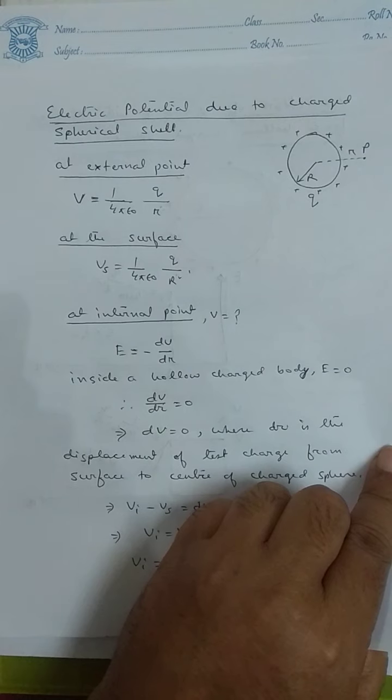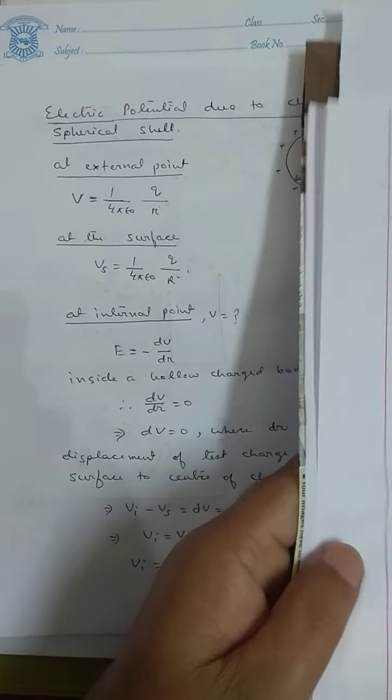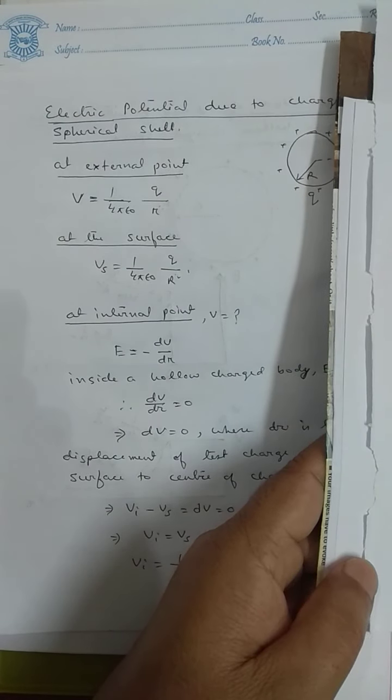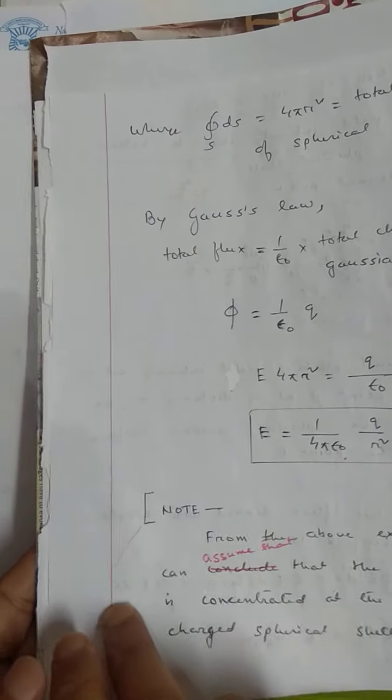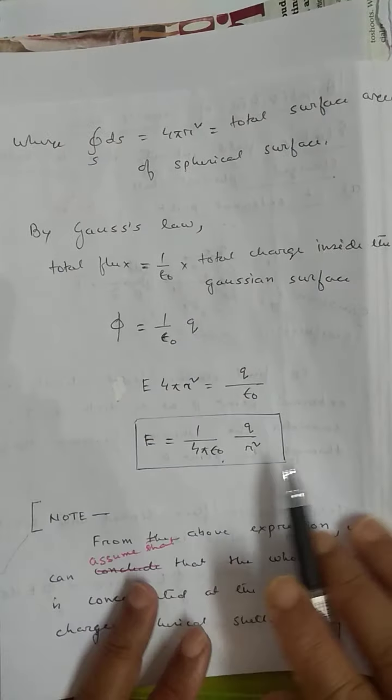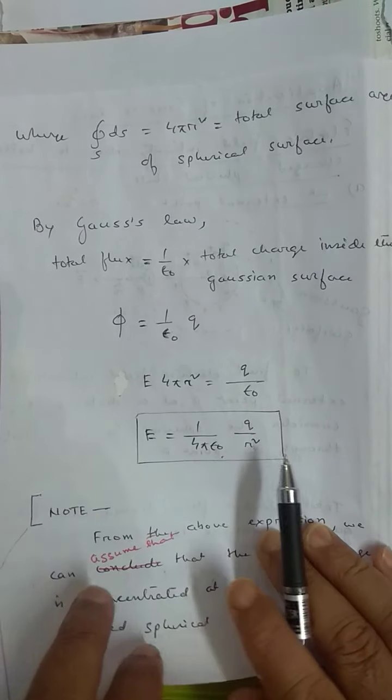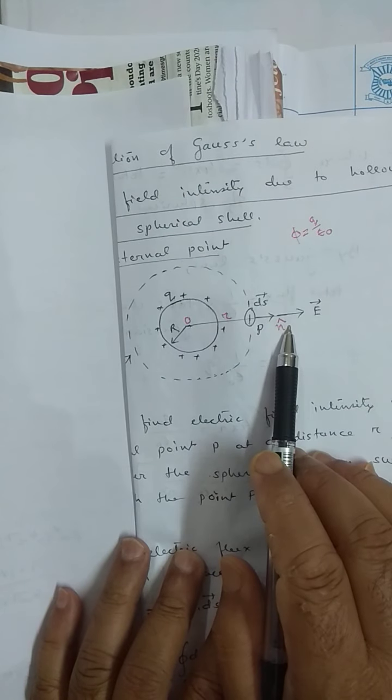Can you remember, during the study of Gauss's law, we calculated the electric field intensity at an external point of a hollow charged body? I think you can remember it. We found the electric field intensity at an external point of a hollow charged spherical body.